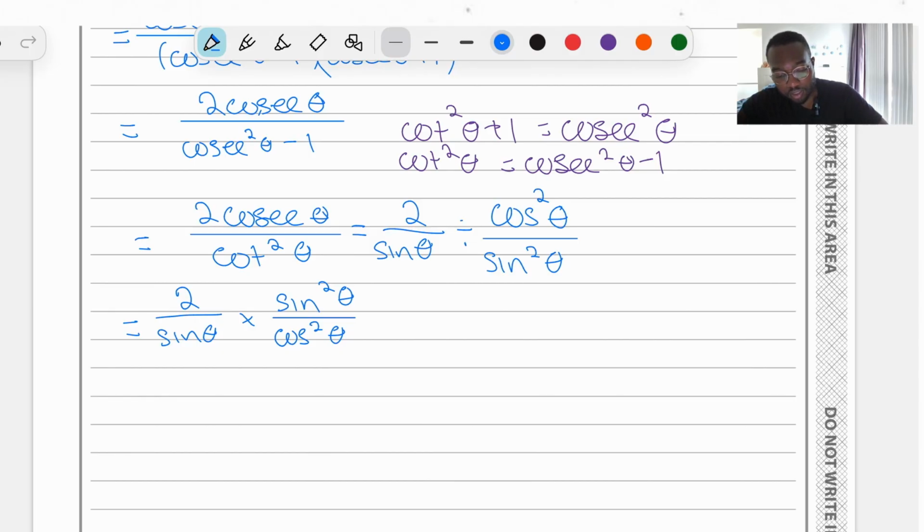Now, the first thing we can do, if we look at cross multiplying, is get rid of the sine. We can cancel this out with this. So we are left with 2 sine theta over cosine squared theta.